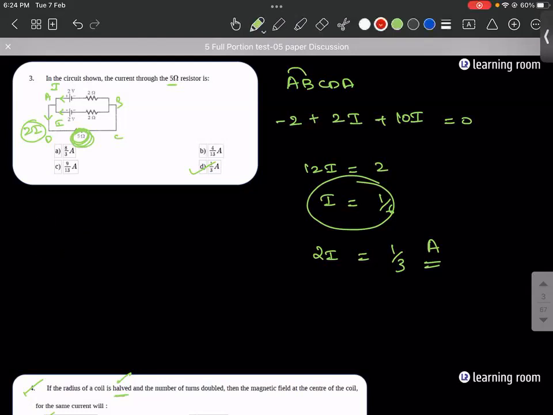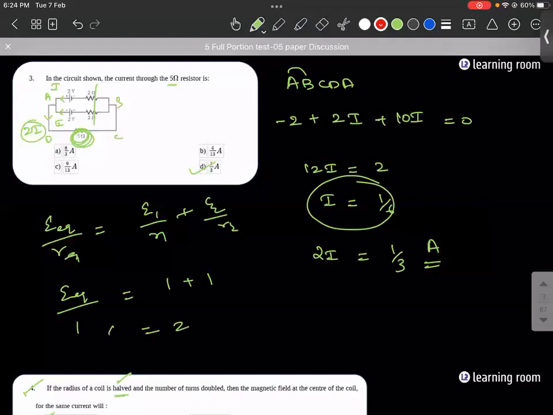Okay, let's try it. E equivalent divided by R equivalent is equal to E1 by R1 plus E2 by R2. E equivalent divided by R equivalent, how much? 1. Is equal to E1 by R1, how much? 1, plus E2 by R2, 1.